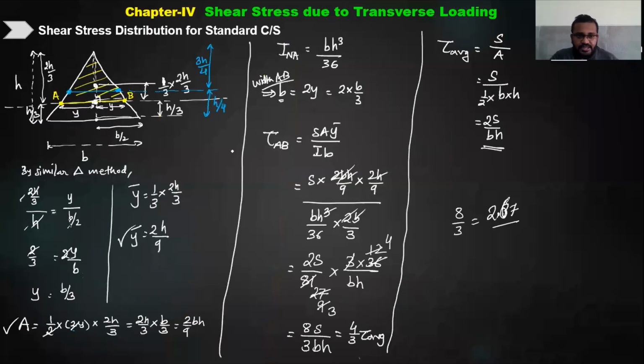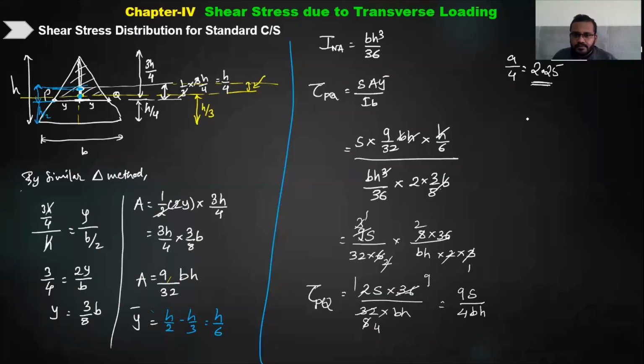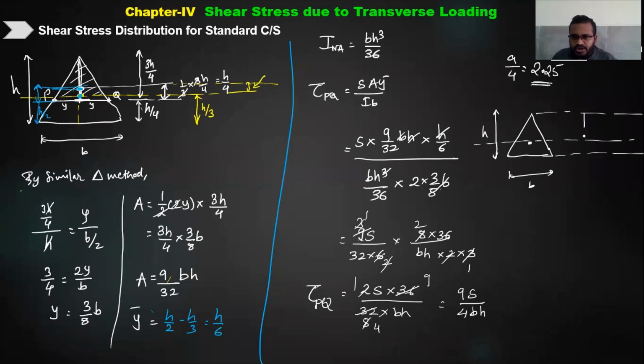So for the triangular section, if I draw the shear stress distribution, I will draw the triangular section here. Suppose I have a triangle like this, and if this is B and this is H, then this is the centroid of the neutral axis. So the shear stress distribution will not be maximum at the neutral axis.